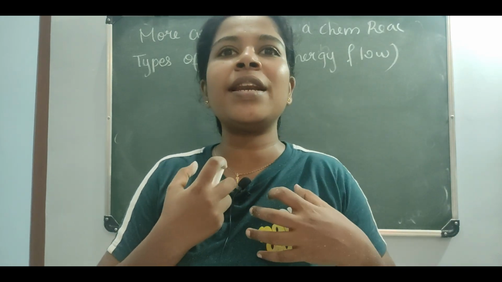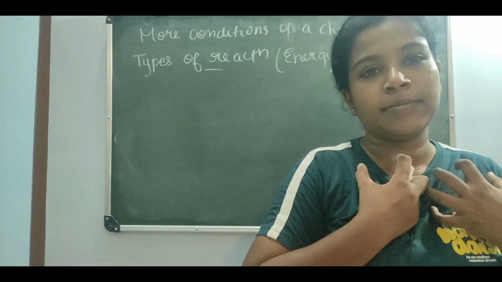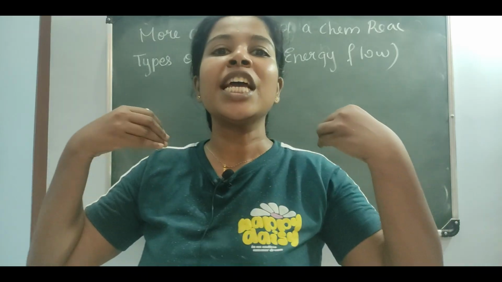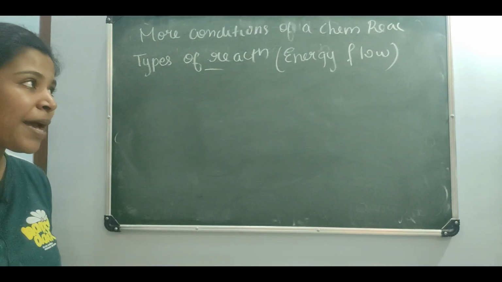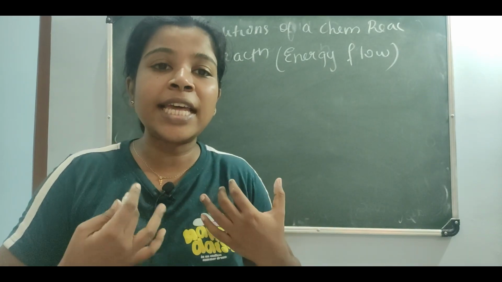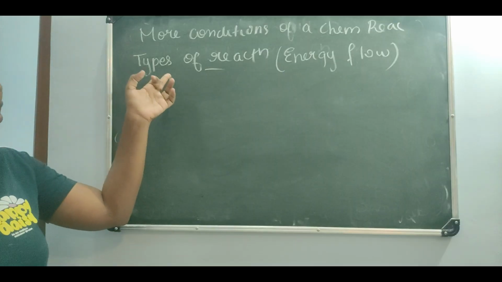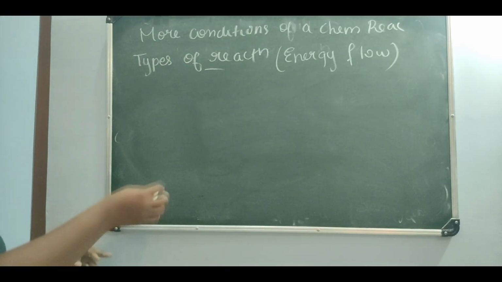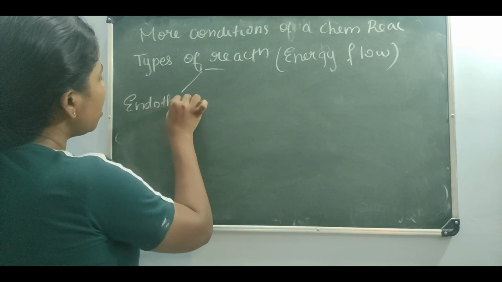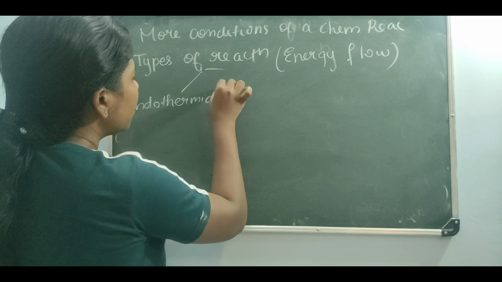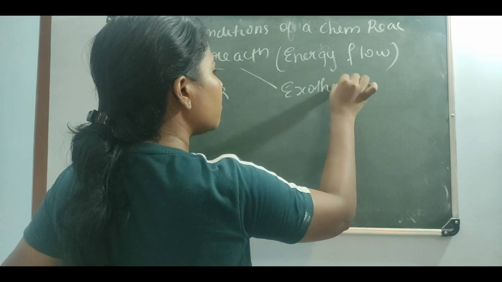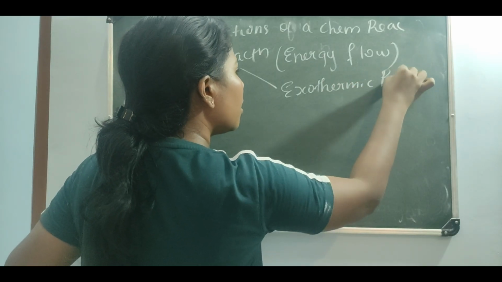So in some chemical reactions heat is taken inside, and in some chemical reactions heat is liberated, which means heat is given out. So in that manner, based on energy flow, if the energy is taken in or the energy is given out, the reaction can be classified into endothermic reaction and exothermic reaction.